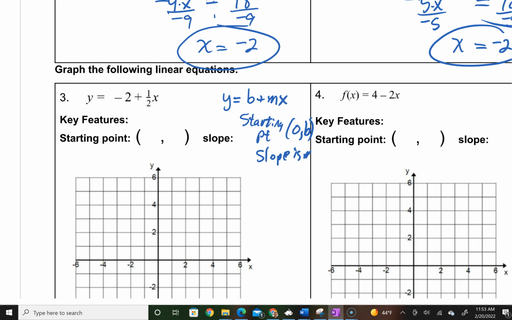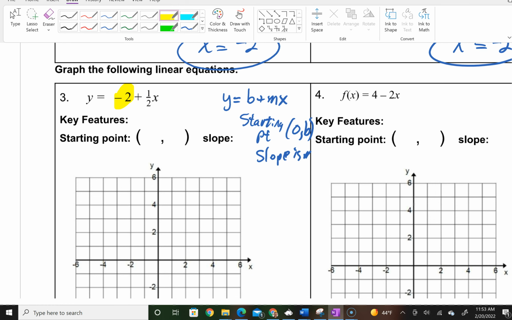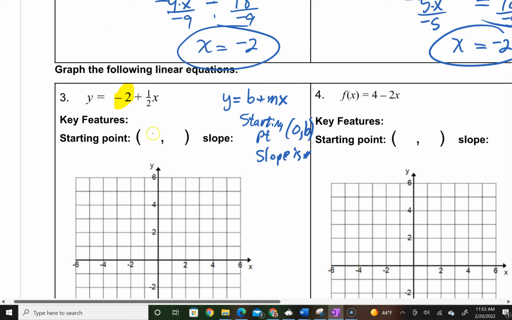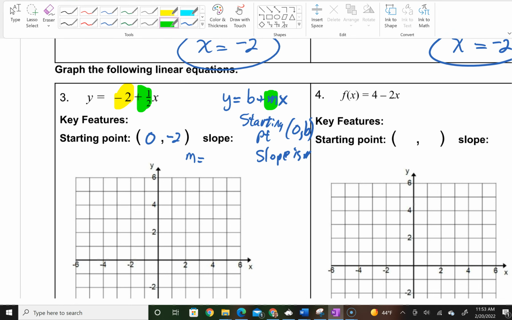So I'm going to look over here to number 3, and I'm going to say, well, hey, I've got that negative 2 starting us off. You can see that our starting point is going to be 0, negative 2. Our slope, the slope, of course, is what is multiplied to x, and that's going to be a 1/2.